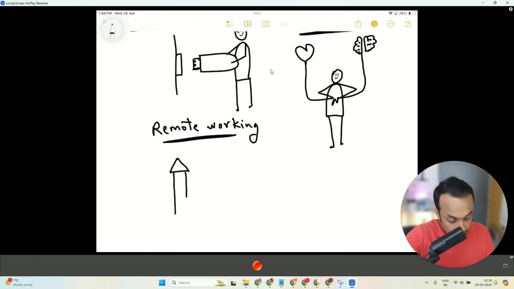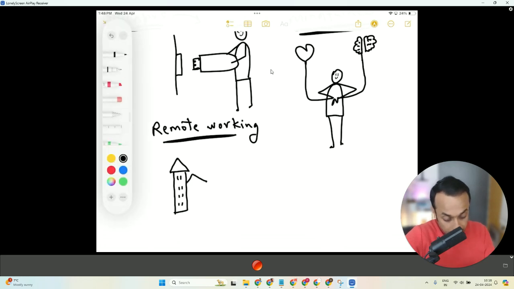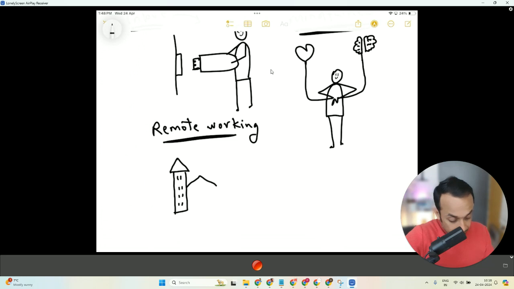So this could be a typical home. Yes, and from this home to the corporate office, and corporate offices look like this.